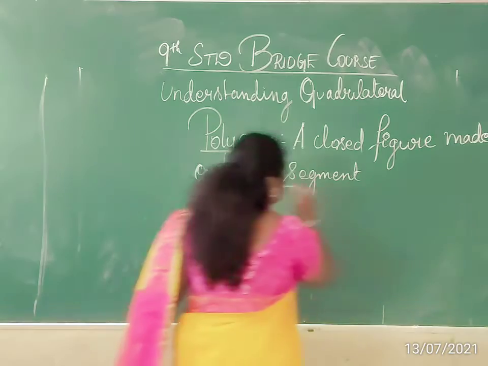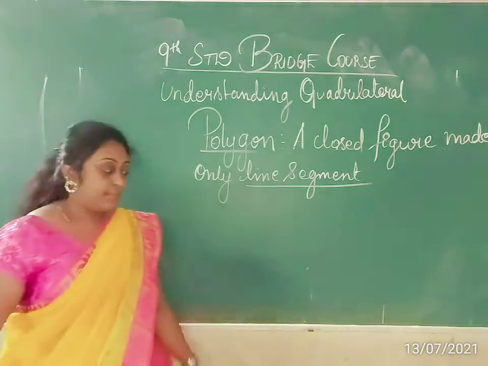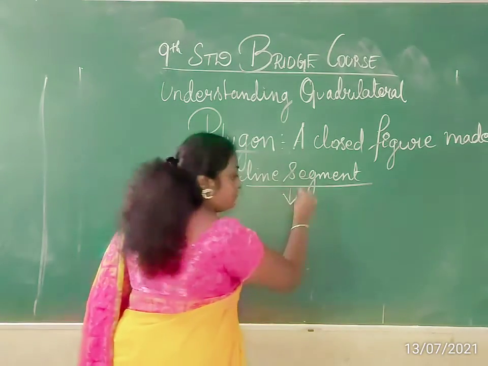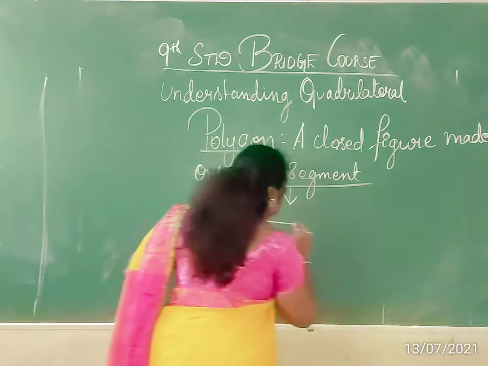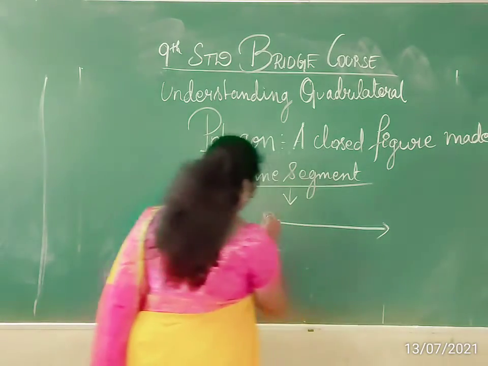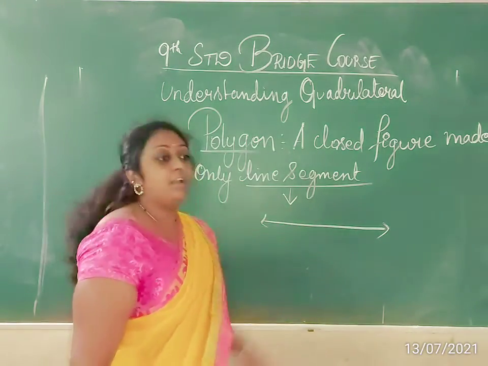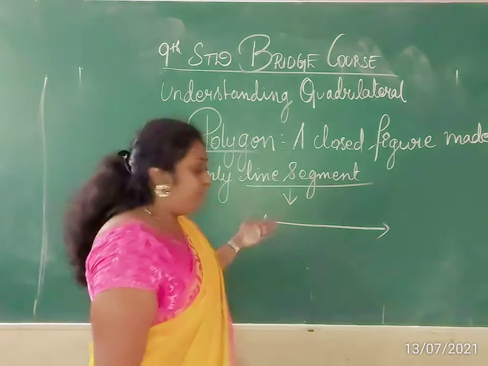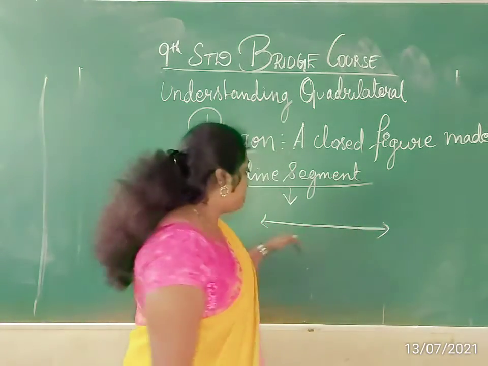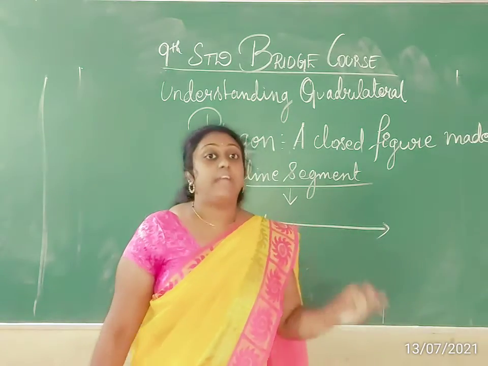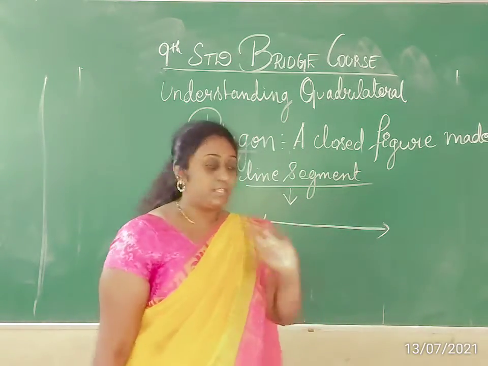Now let me tell you what is a line segment. I'll draw and show you. See here, a straight line is said to be your line segment. I am drawing a line without using the scale, but when you are writing in your notebooks, kindly use your scales for drawing.